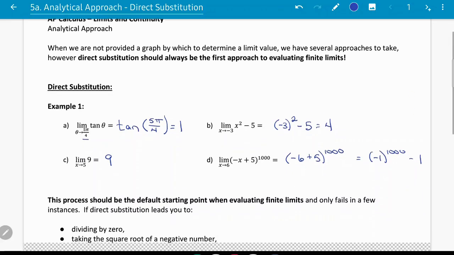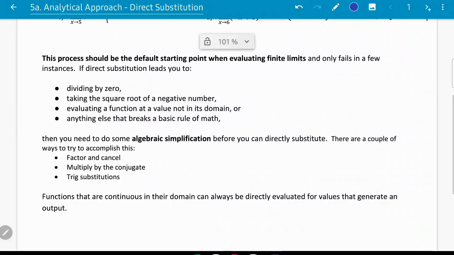So this process should be your default starting point when you're evaluating finite limits. It fails if you are dividing by 0, for example, 9 over 0. If you are taking the square root of a negative number, you are evaluating a function at a value not in its domain.